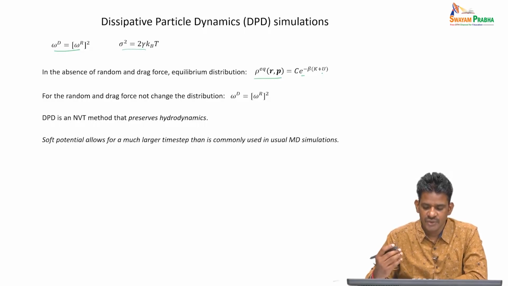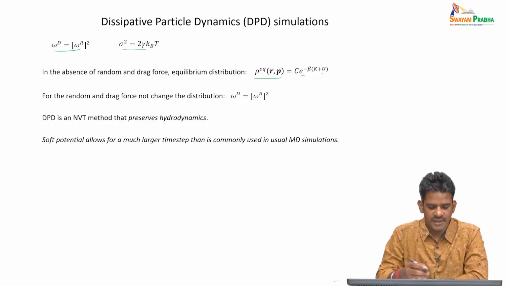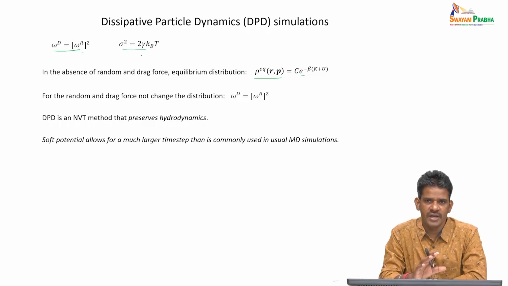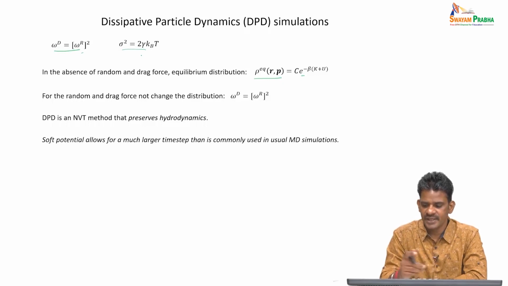In order to maintain that condition, we have to derive a set of relations by looking at how these random and dissipative forces are applied. They have to satisfy a certain condition in such a way that the distribution is not changed. That is the reason why we find a relationship between the parameters of dissipative force and random force given by these 2 equations.